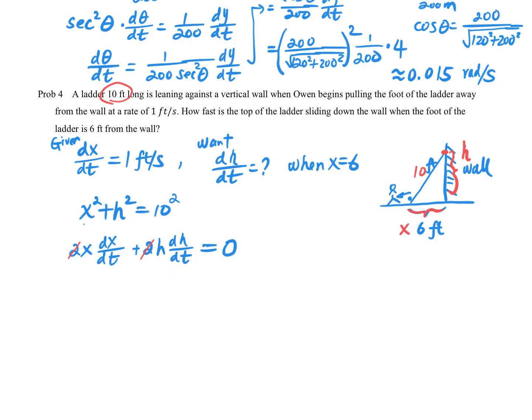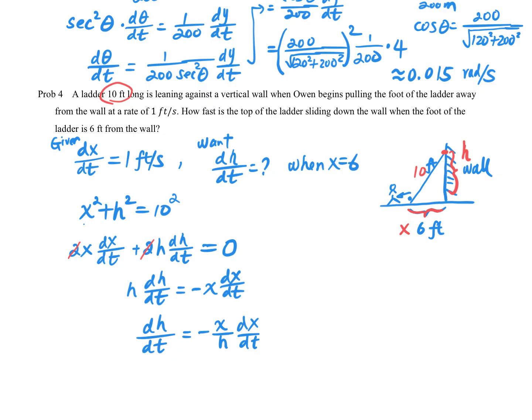So we have h dh/dt equals negative x dx/dt, and then divide by h: dh/dt equals negative x over h times dx/dt. Now when x is 6, we are missing the quantity for h, right? But we can definitely find h using the Pythagorean theorem.